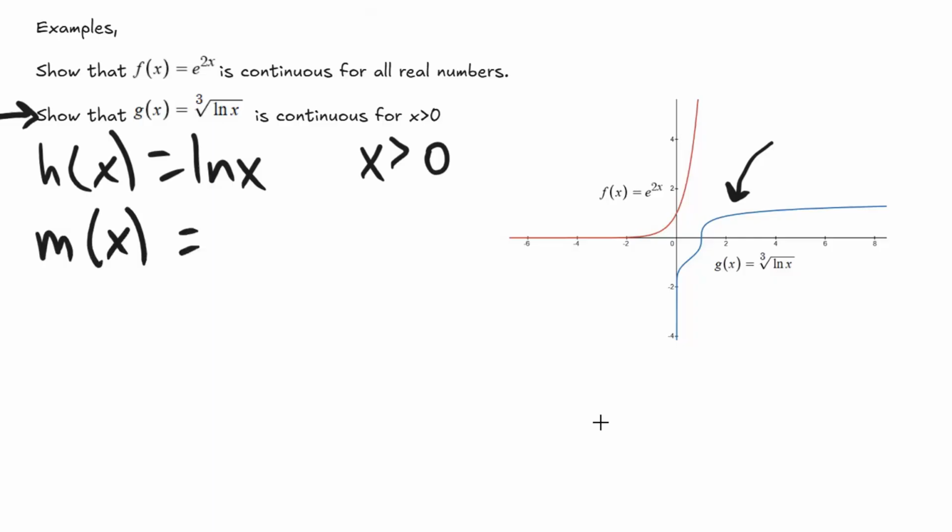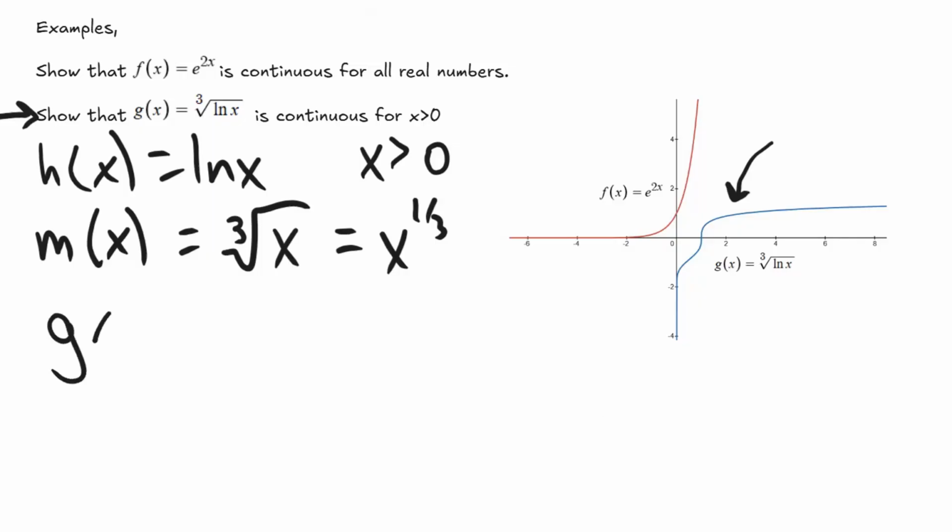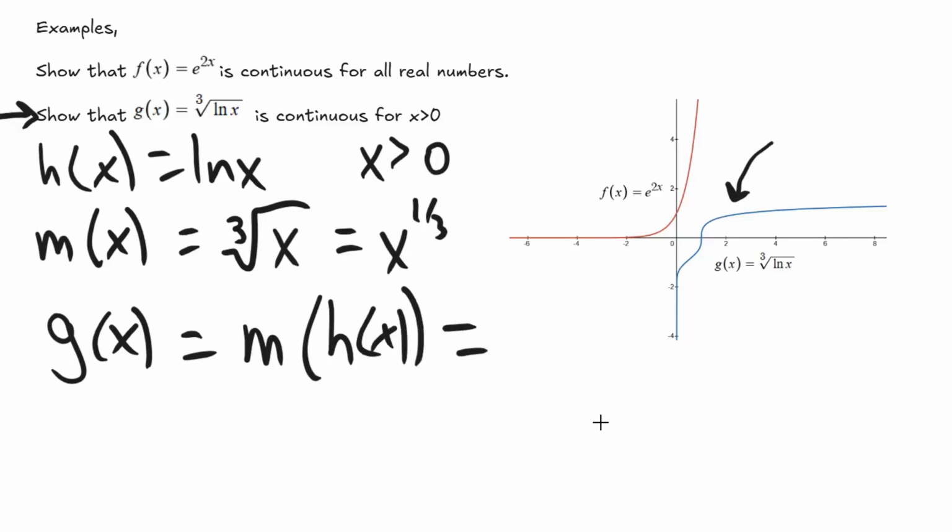If we let m of x equal the cube root of x, since this is x to the 1/3, we know that this is continuous for all real numbers. If we let g of x equal m of h of x, which is going to be the cube root of natural log x, then that composite function is continuous for x greater than 0. So the original function is continuous for all real numbers x greater than 0.